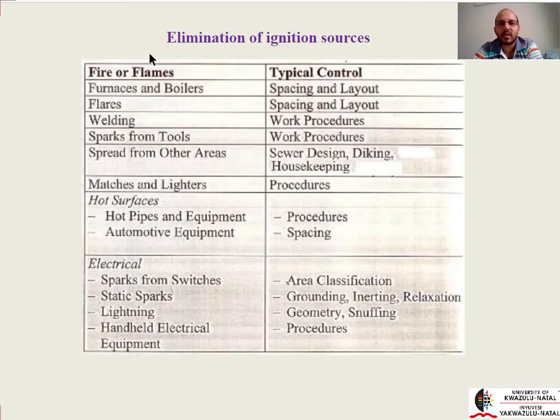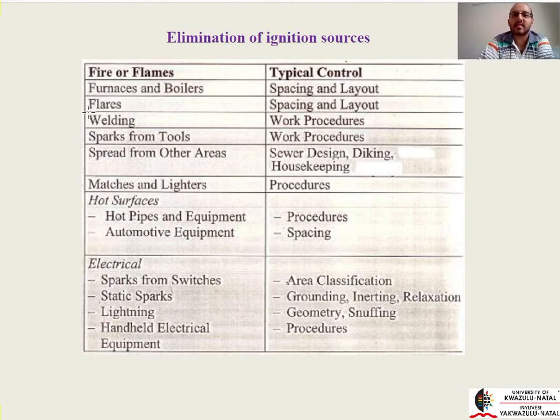Okay, in terms of certain equipment, furnaces and boilers, they do of course naturally need to have combustion occurring, and safety is maintained typically through appropriate spacing and layout of these pieces of equipment. Okay, flares as well.